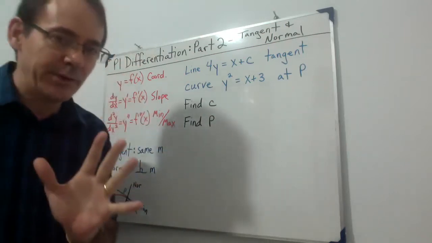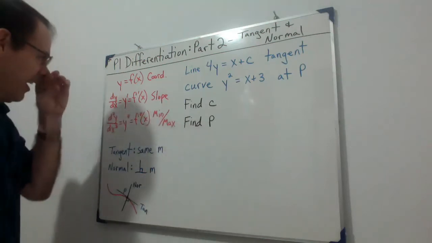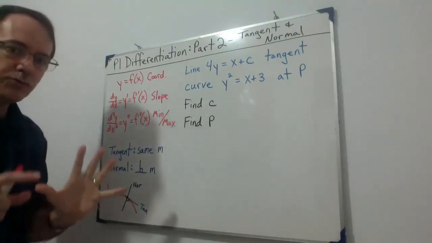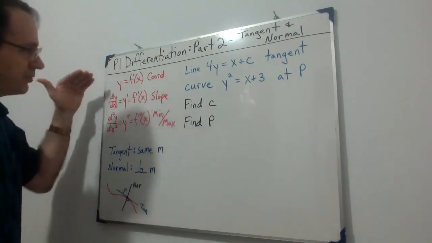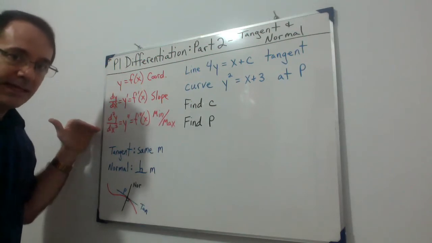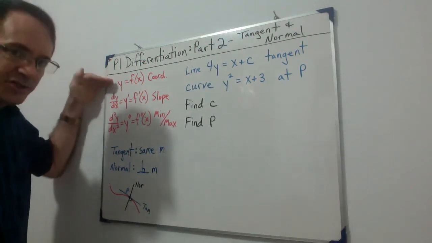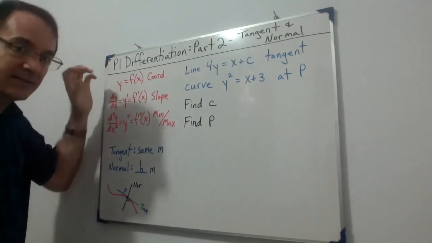Before we get started, I want to remind you of something: as we move into the applications, you need to keep in mind what level you're at. Are you in the original equation, the y equals or the function of x?